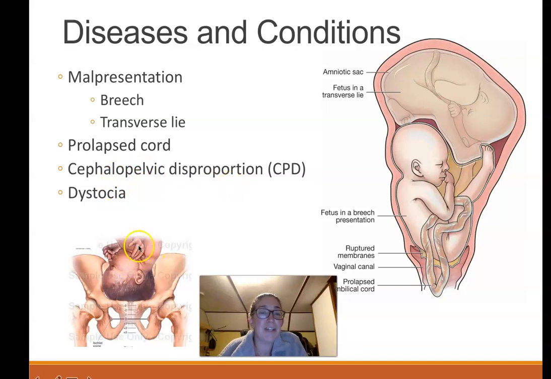Cephalopelvic disproportion is what's pictured in this image. Cephalo, head; pelvic, your pelvis, your hips; disproportion. This is when the baby's head is larger than the mother's hips. Nowadays, this would be cause for a C-section, and it would be simply treated by removing the baby via C-section.